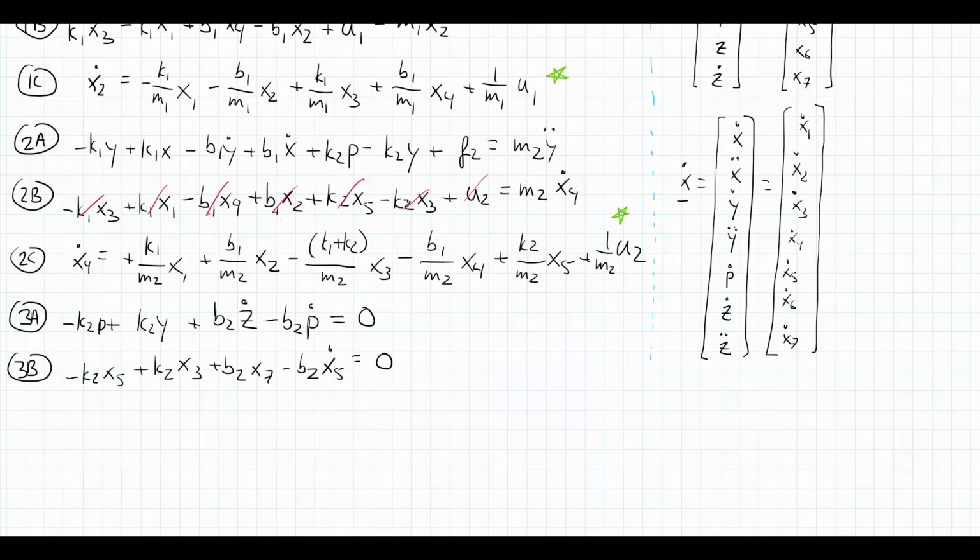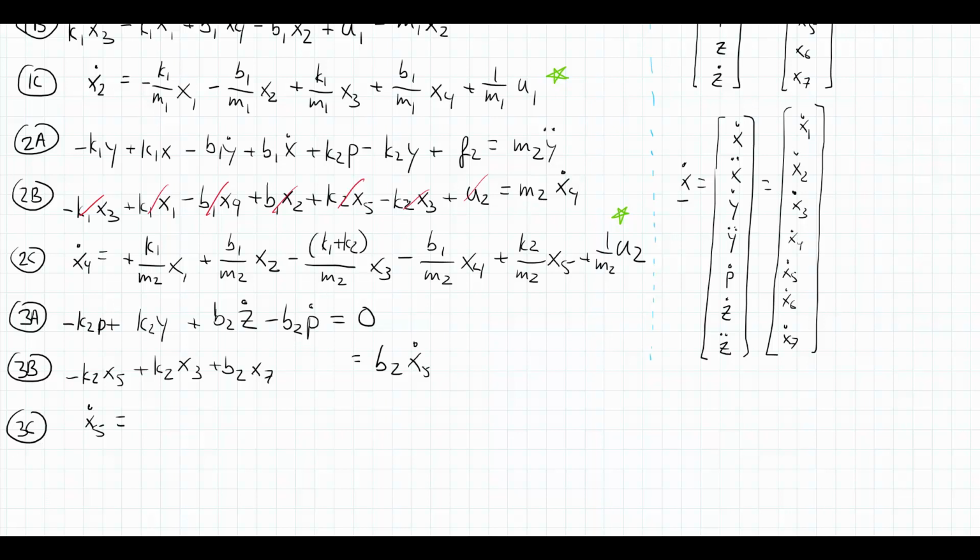I have only one derivative term, that x5 dot. So let me just rewrite this. I'm going to move it over just so it does look more like what we had before. So I move this b2 term over. Now it looks a little bit more familiar. So now when I go to rewrite it, I only have this one derivative term x5 dot, so I want to isolate it.